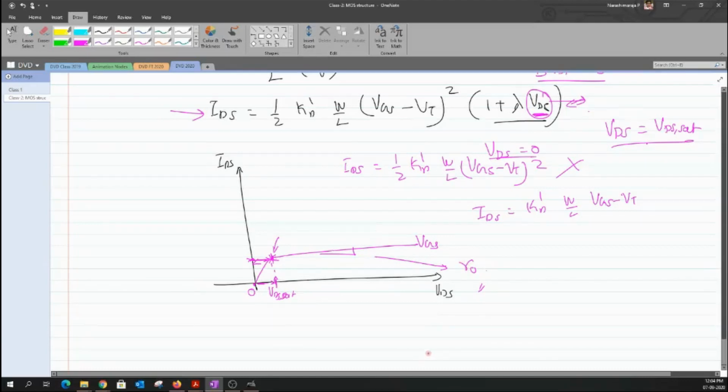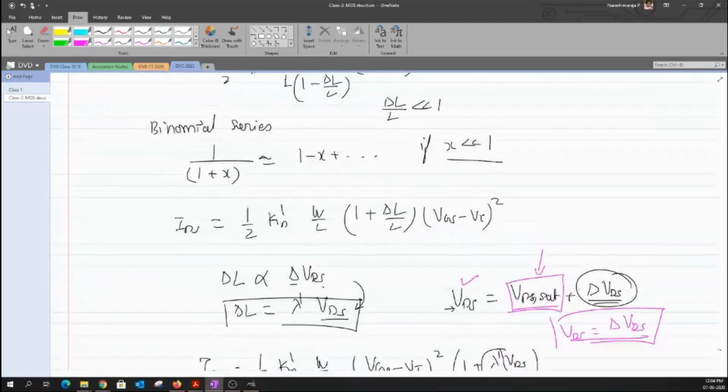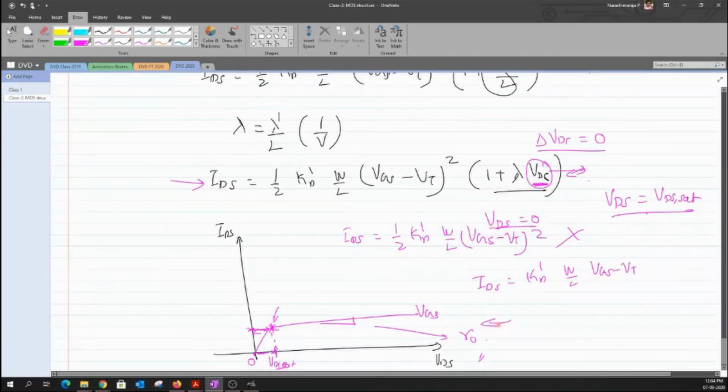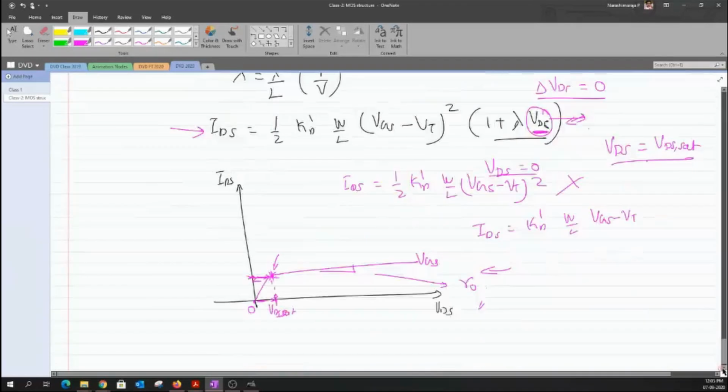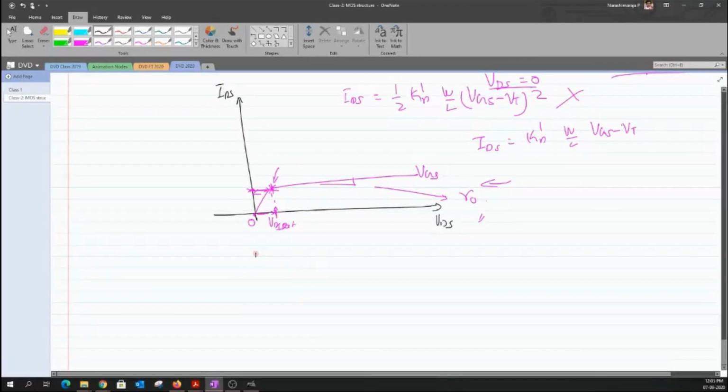So I thought I'll be covering the ID versus VGS and ID versus VDS graphs, but I think the time has already clocked more than 4 minutes. I think you're all familiar with ID versus VDS as well as ID versus VGS graphs, right? I hope you are familiar with these two graphs.